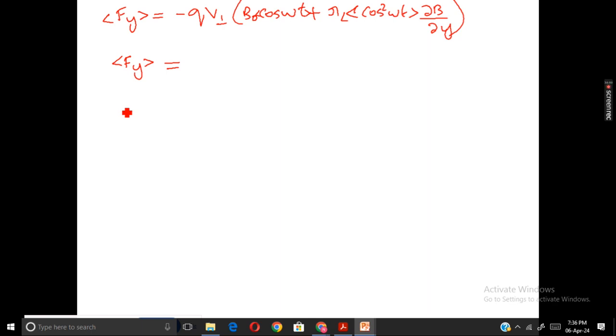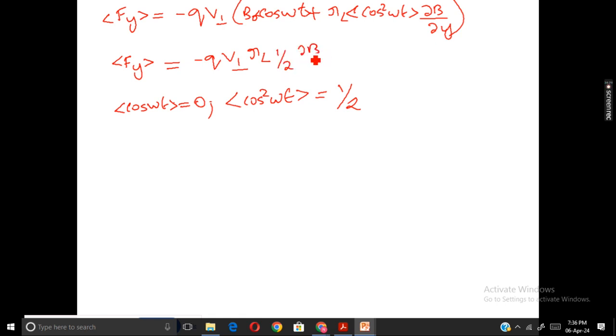So average of cos omega t is 0 and average of cos square omega t is half. So substituting, this term will become 0. Cos square omega t is half into ∂B/∂y, so average of Fy can be written as minus q v perpendicular RL by 2 into ∂B/∂y.